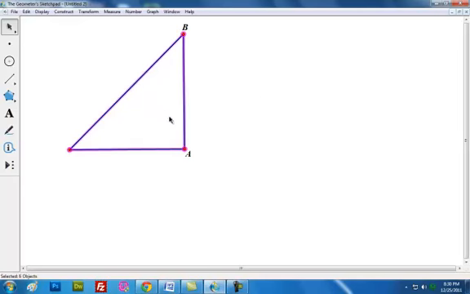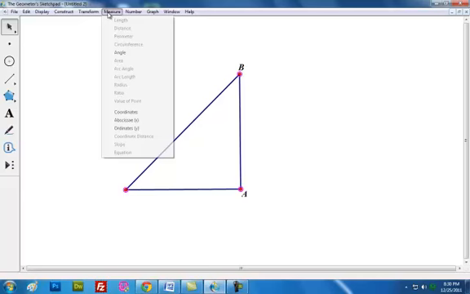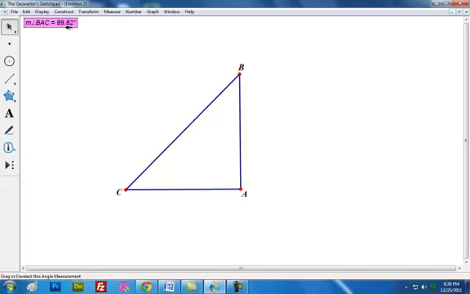we're going to do this using SOHCAHTOA. I just made a new triangle.